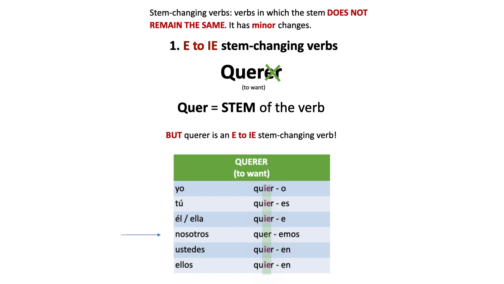So the step we are adding for conjugating stem changing verbs is quite simple, right? We're just making the change to the stem that the name of the group dictates. This group being the E to IE group, we change the E in the stem for an IE. But we need to remember that we do not apply that change to the nosotros form. All the others undergo the change. The nosotros form stays the same.